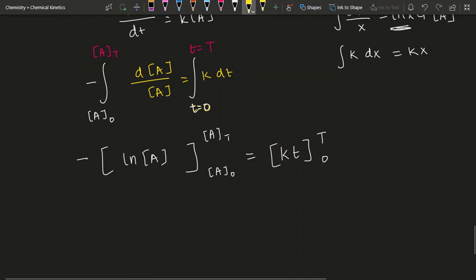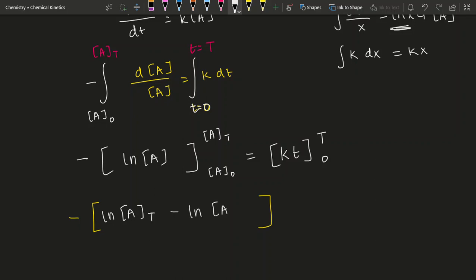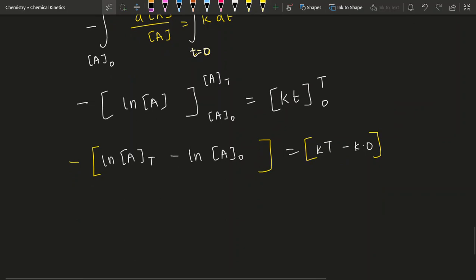Now you can just plug in everything, so you will have negative, and then in the brackets natural log of A at t minus natural log of A at 0. Why? Because I just put in the limits, evaluated the function, and subtracted the two values. And similarly on this side, you have kt minus k times 0.